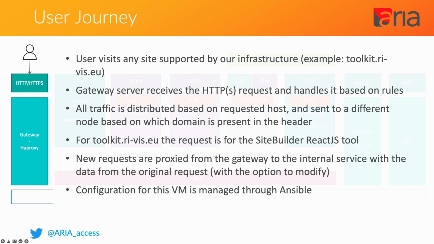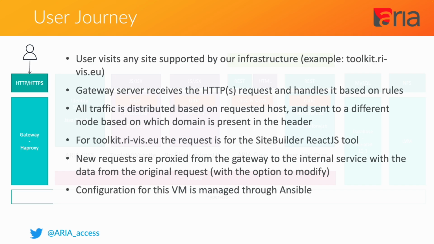So, as you can see, a user will visit our services, and then they get routed to one of the containers based on the configuration in the gateway script. Site Builder has a container for each configuration.